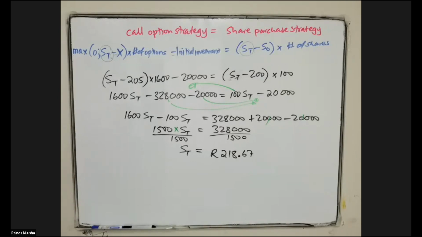So the call option strategy is more profitable when the price rises above 218.67 rand.